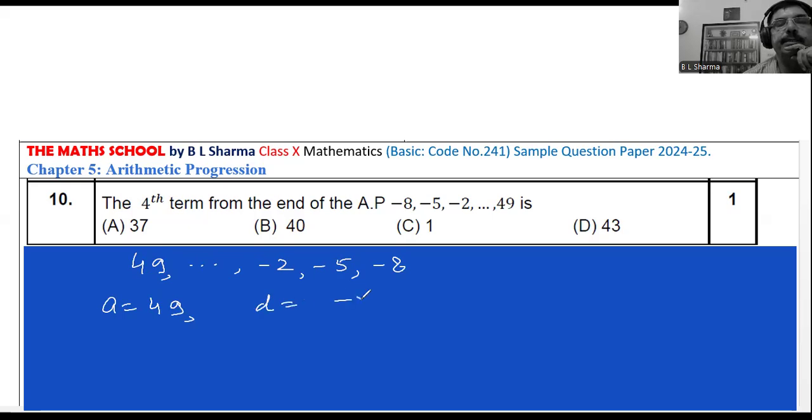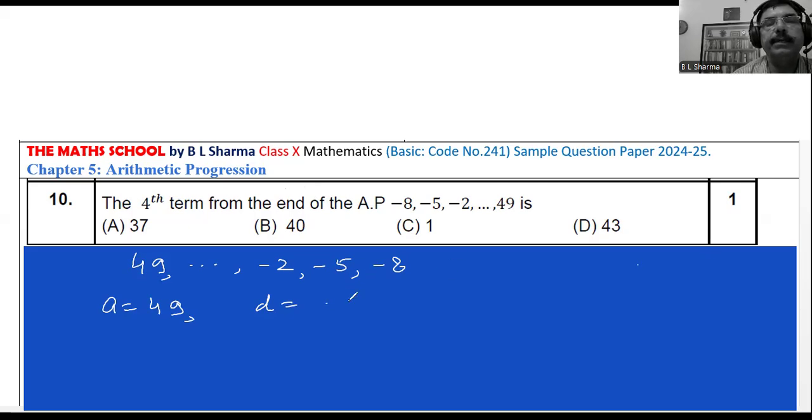Common difference, I have to take in a different way. देखिए common difference कैसे आएगा? Because we are taking from the end.